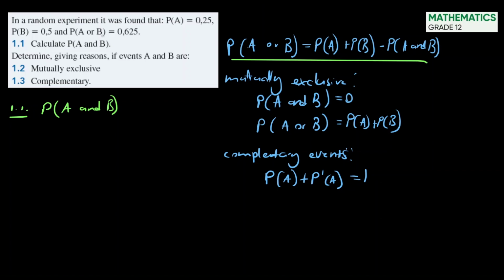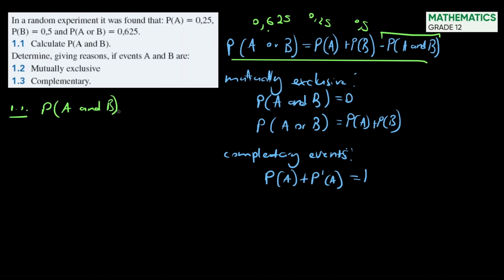How do you go about it? We know that the probability of A or B in this case is 0.625. We know the probability of A is 0.25, and the probability of B is 0.5. So we can just solve for the probability of A and B.